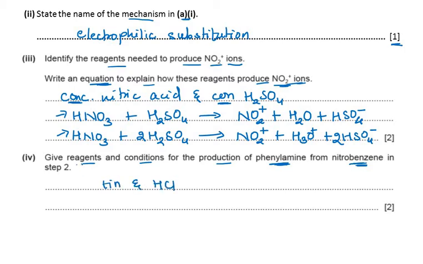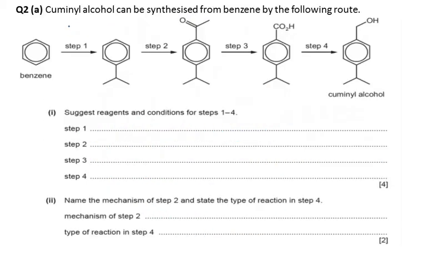Now these are the reagents, but what about the conditions? Conditions are we need concentrated HCl and also we need heat and reflux of the reagents. So the conditions needed are concentrated HCl, heat and reflux. Let's start with the next question which says carbonyl alcohol can be synthesized from benzene by the following route.